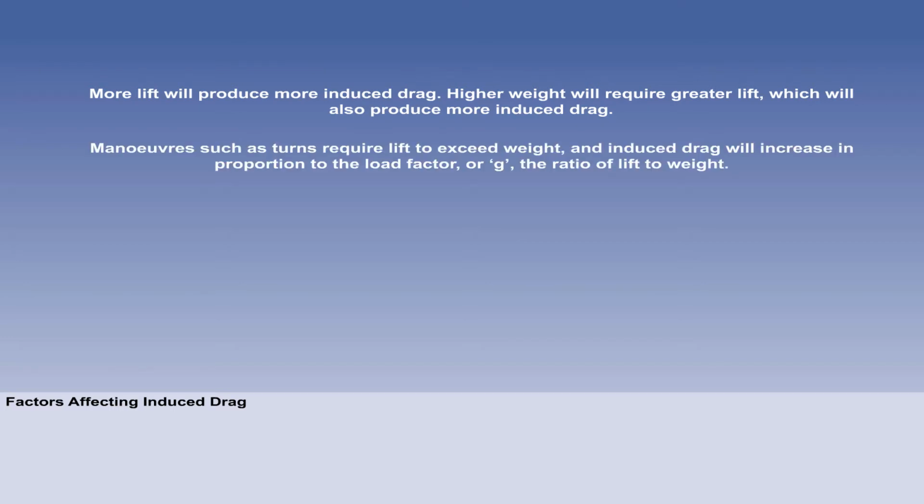Some maneuvers, for example turns, require the lift force to exceed the weight, the ratio of lift to weight being known as the load factor, or G, for gravity. As lift is greater than weight in a turn, so will induced drag be greater than in straight and level flight. Thus induced drag also increases as the load factor increases. Induced drag will increase in proportion to the square of the lift force.